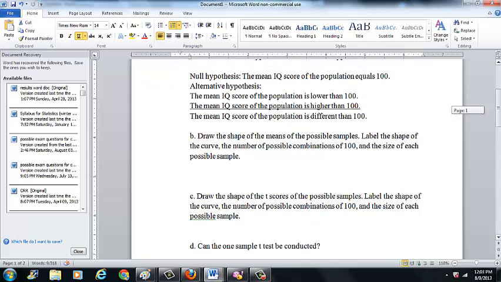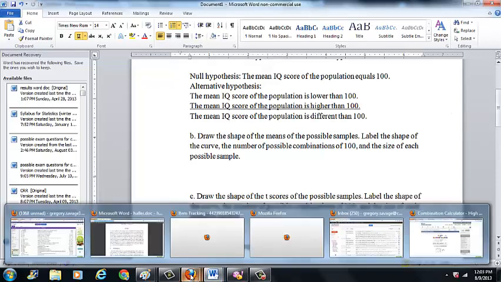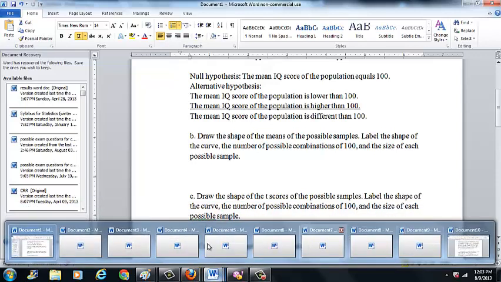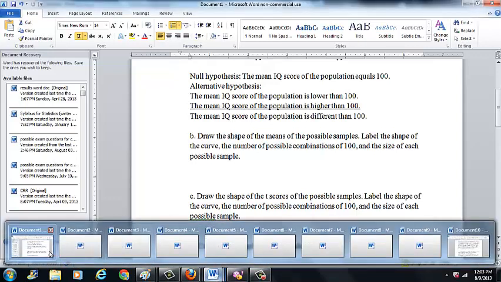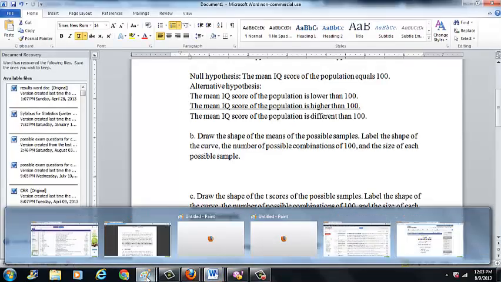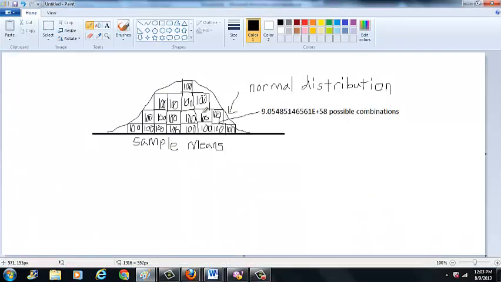Now we need to actually find out what the shape of the t-scores will be. We know that our sample means had a normal distribution, which means that the t-scores of the combinations will also have a certain type of shape called a t-distribution.